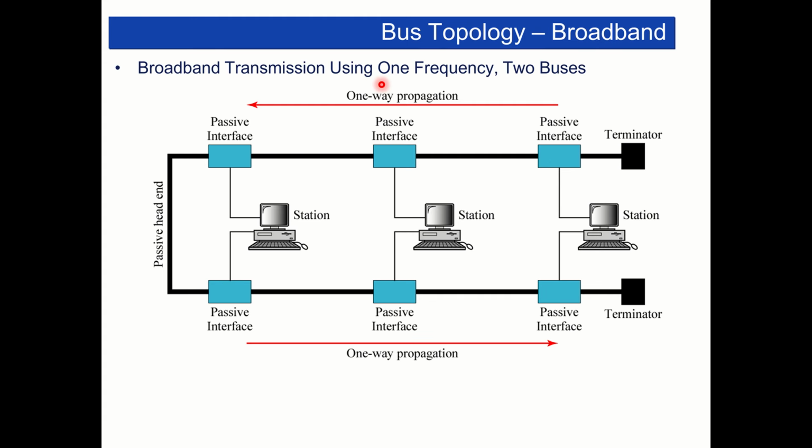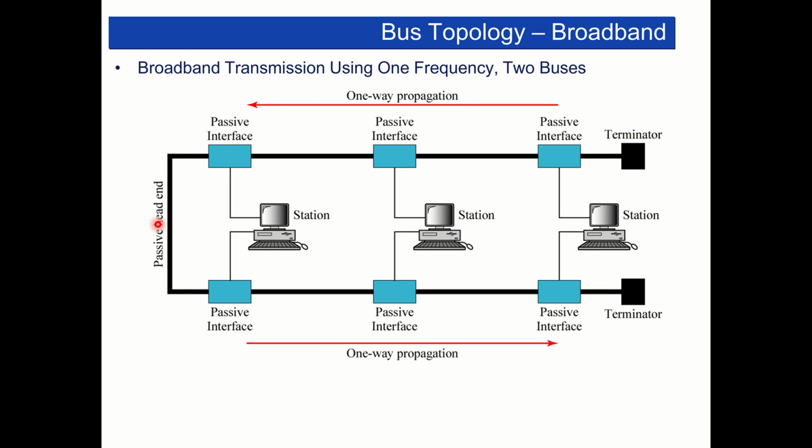Now for the two buses, broadband transmission uses the same one frequency. If you look, both systems are examples of broadband transmission, but the first uses frequency division on one bus, while the second uses spatial separation with two buses.